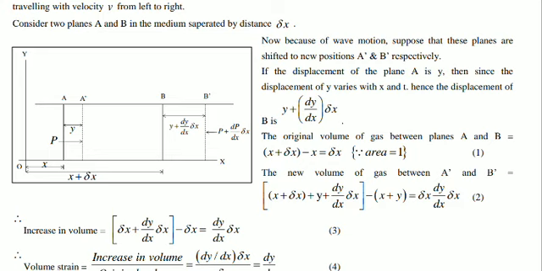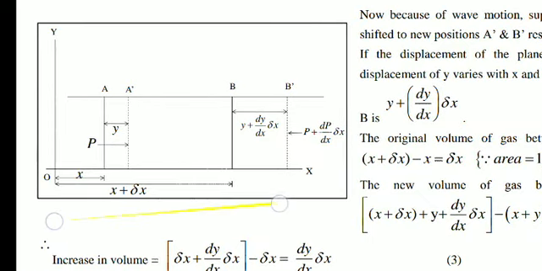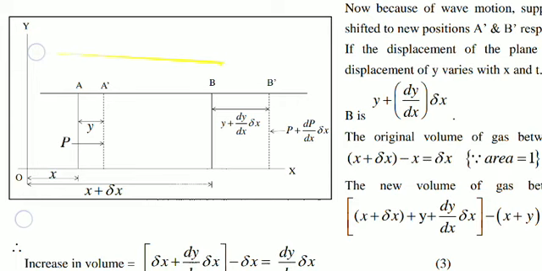Now let us consider that a sound wave is moving from left to right. This is the y-axis and this is the x-axis. There is a formation of compression and rarefaction. You have to consider two planes within this sound wave: let us consider a plane A and another plane B. This plane A and plane B are before the propagation of the sound wave, because we are considering these imaginary planes inside the medium.